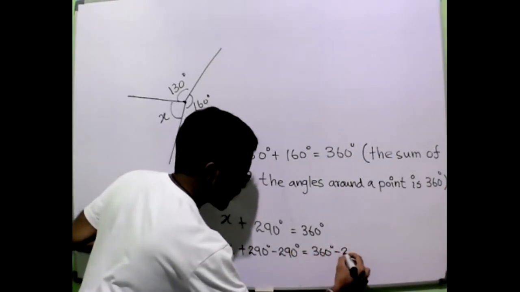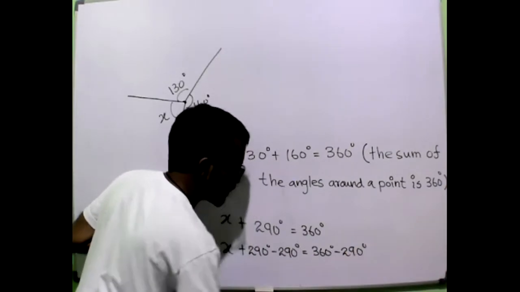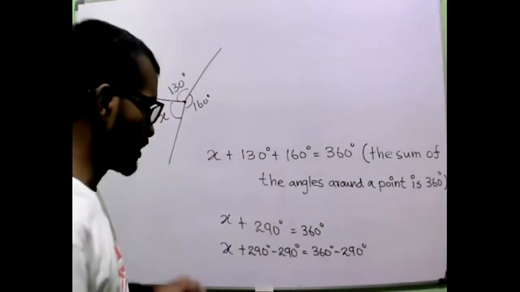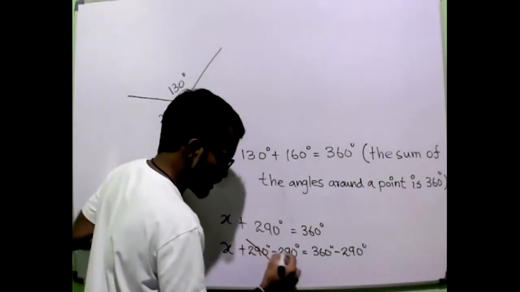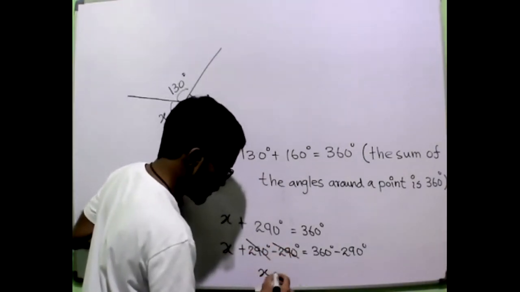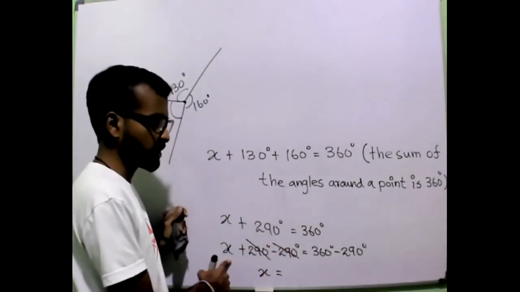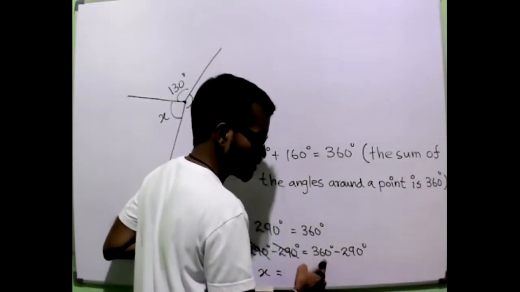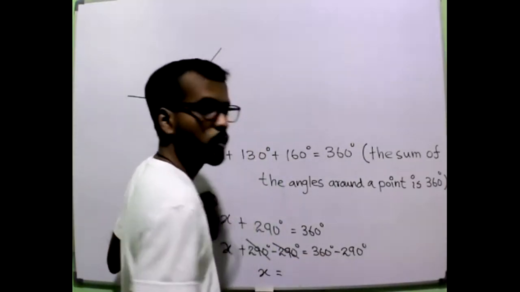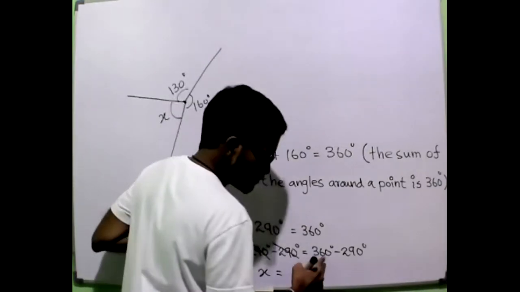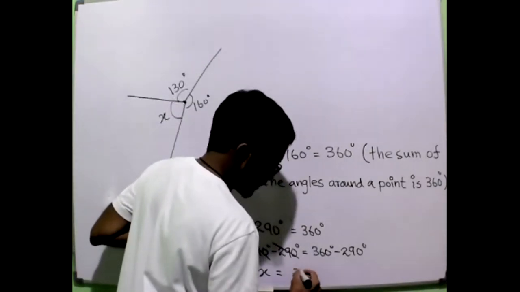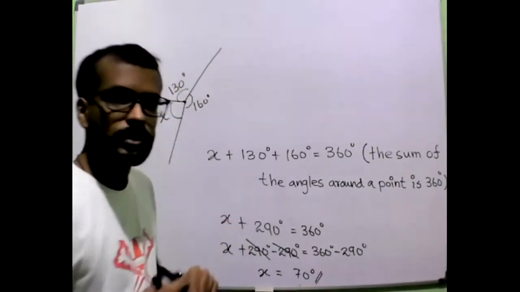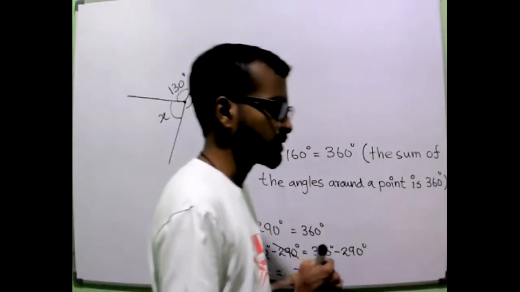From both sides you have to subtract 290. Then they cancel out, and the only term in your left hand side is x. On the right you get 360 minus 290, which is 70. So the value of x is 70 degrees, right?